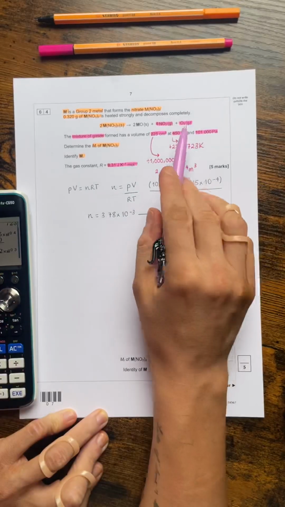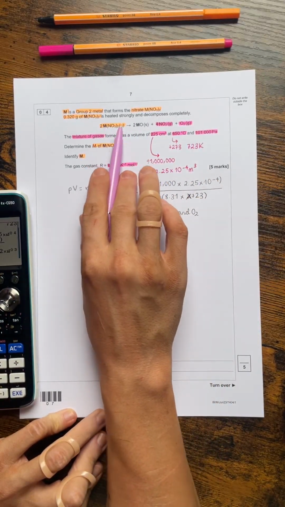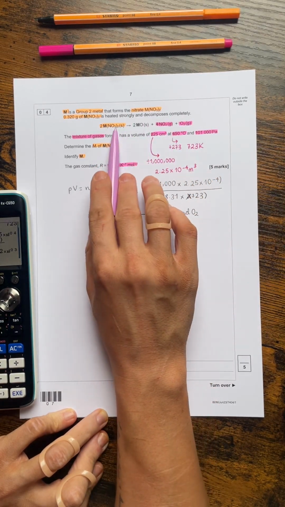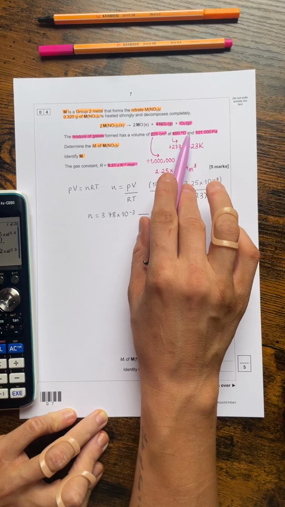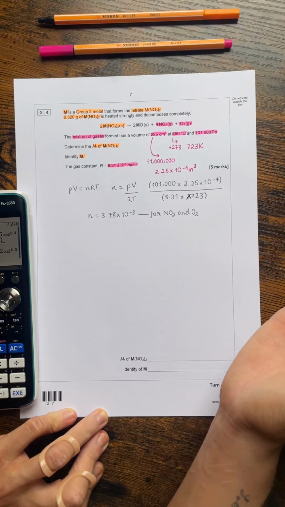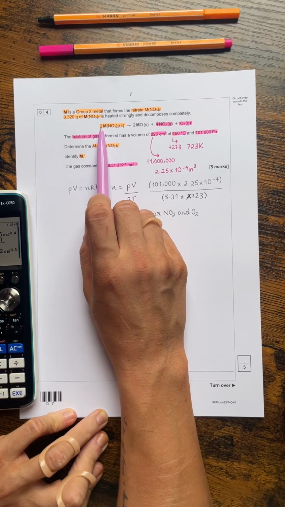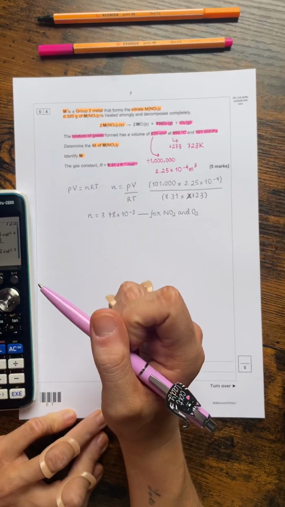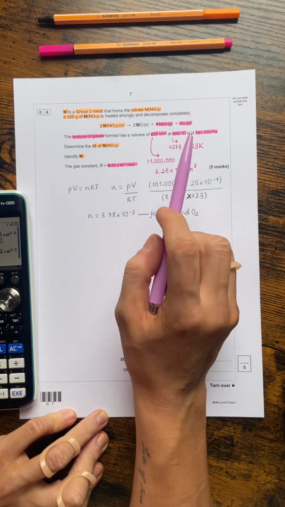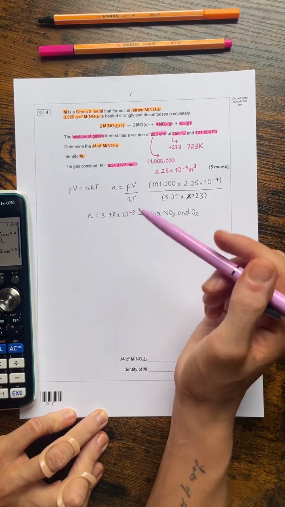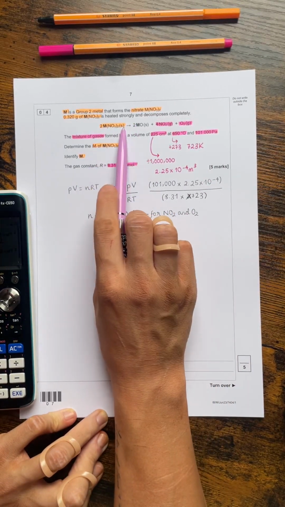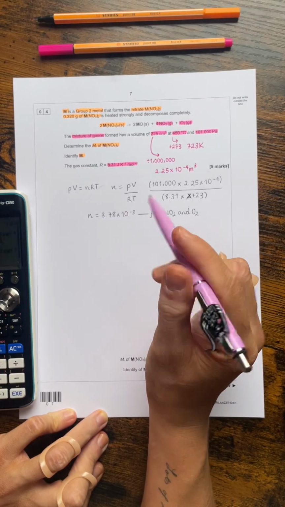Now, if we want to be working back to find out some information about this M nitrate on the left-hand side, we can now use the mole ratios from the balanced chemical equation. So that is the moles for 5 lots of gas, and we have 2 lots of the initial metal nitrate solid. So I can take my moles of gas, divide it by 5, and then times it by 2, and that will get me then the number of moles of the metal nitrate.